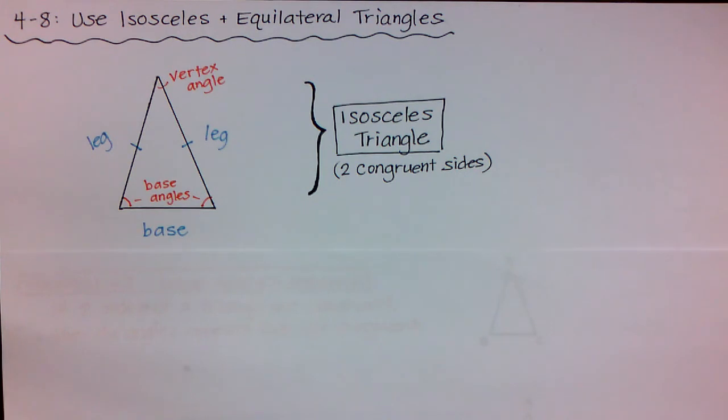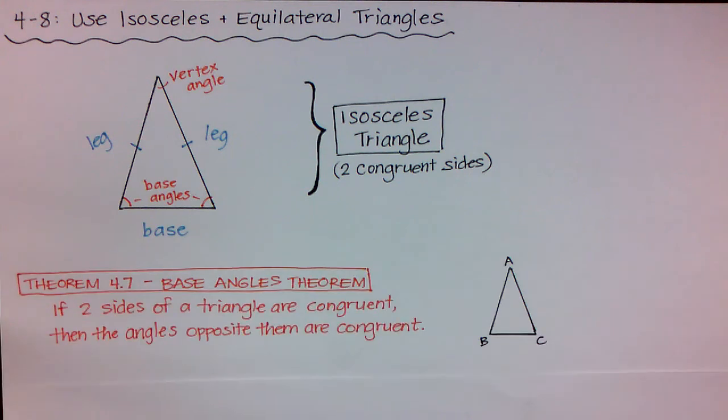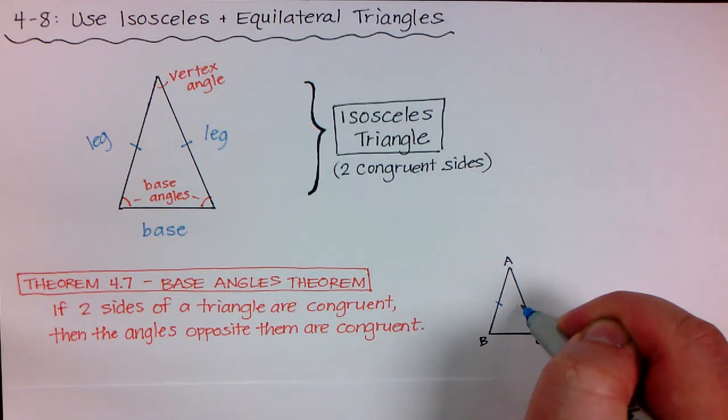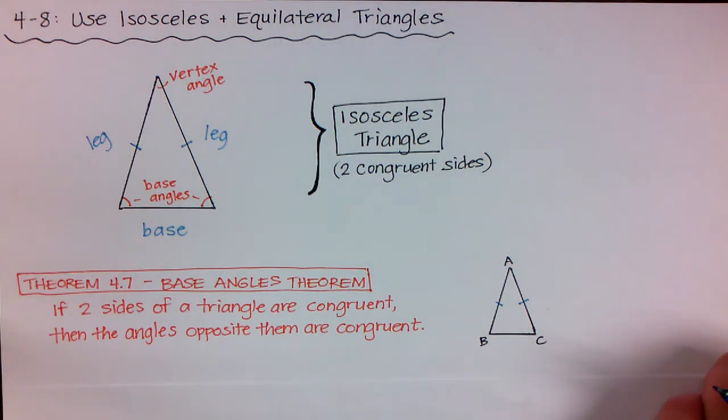So our first theorem is based around an isosceles triangle. So let me show you what I have. It says, for theorem 4.7, that it's called the base angles theorem. If two sides of a triangle are congruent, so if AB is congruent to AC, then the angles opposite them are congruent.